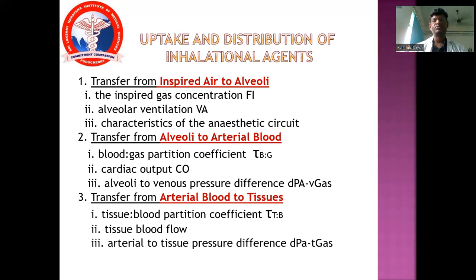The factors which affect the transfer from alveoli to blood are blood gas partition coefficient, cardiac output, and alveolar to venous pressure difference. Factors which affect the arterial blood transfer to tissues are tissue blood partition coefficient, tissue blood flow, and arterial to tissue pressure differences.